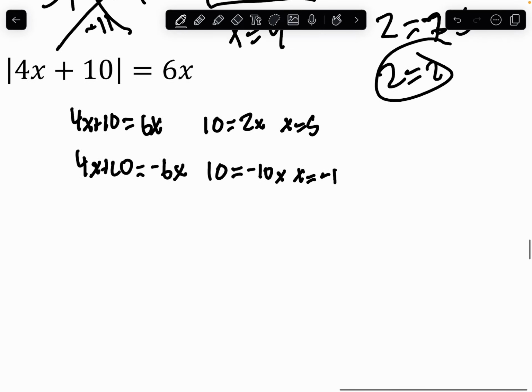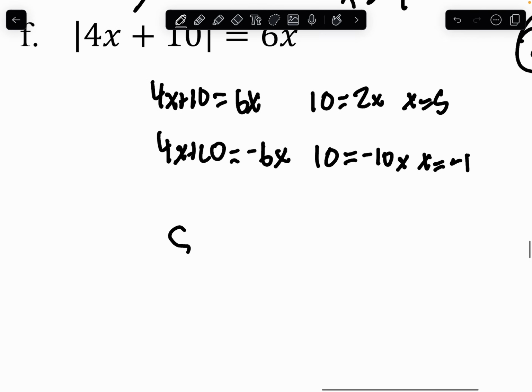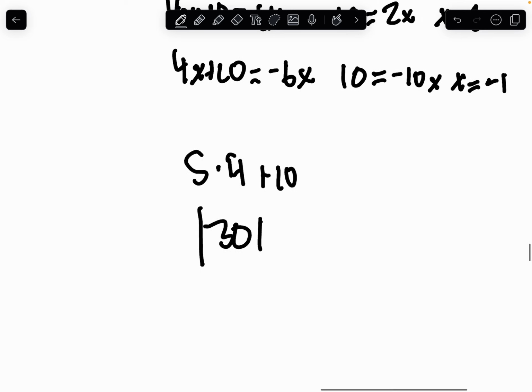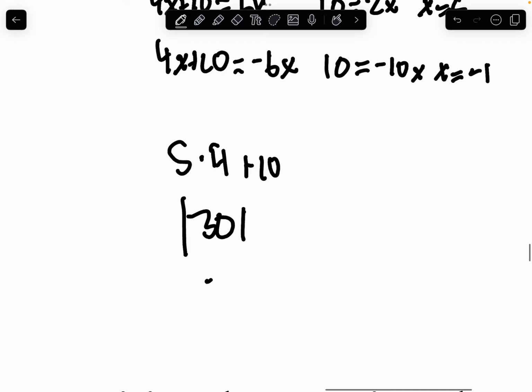Now you test them. 4 times 5 plus 10, which is 20 plus 10, which is 30. So we're going to have the positive version of 30, which is 30. So 30 equals 30.